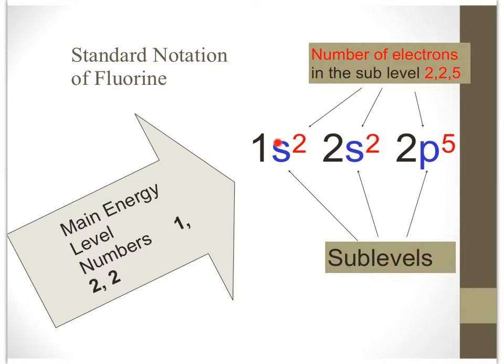Another thing to note, if you add up all of these electrons, or all of these numbers, that will equal the total number of electrons. So fluorine has 9, so 5 plus 2 is 7 plus 2 is 9. So when you're trying to keep track, if you count those exponents, that'll get you to your total value.